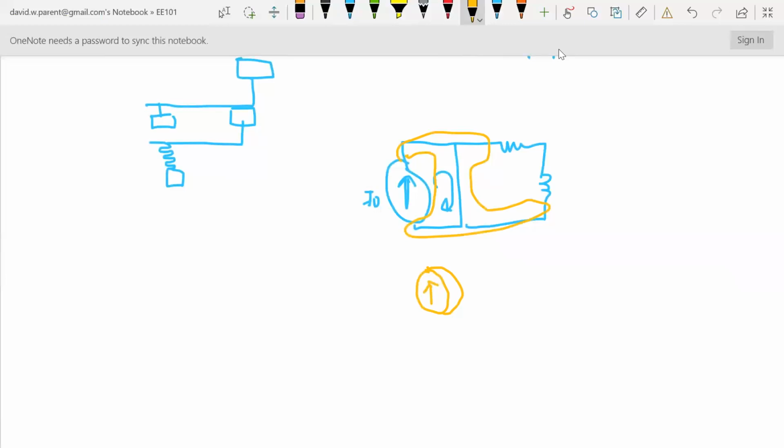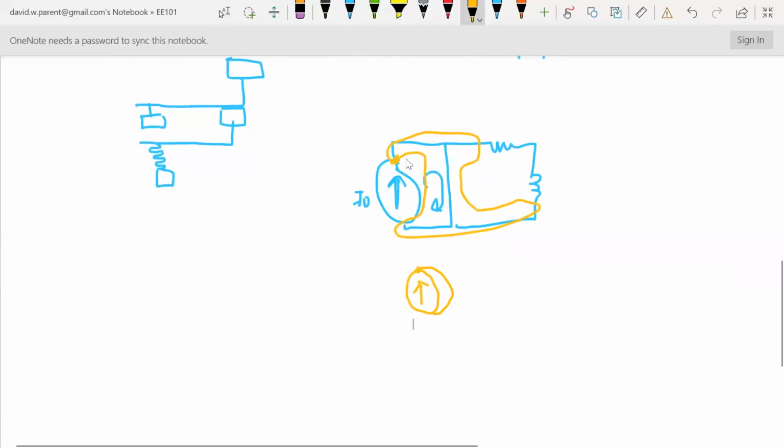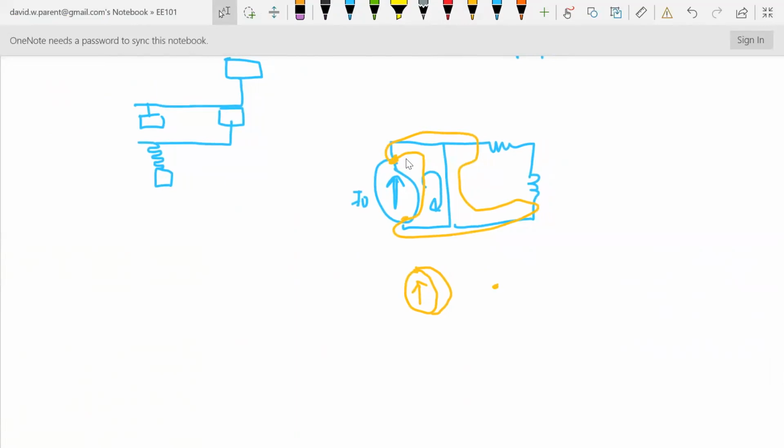There's no separation between here and here. So it's like a point, and the current is inside, but let's make it a little different.